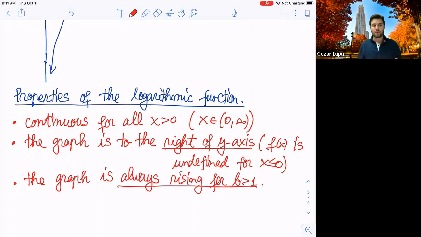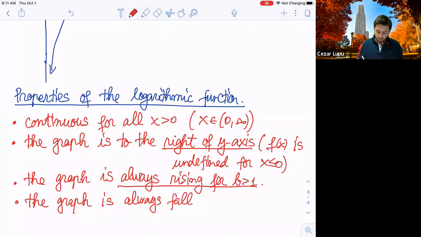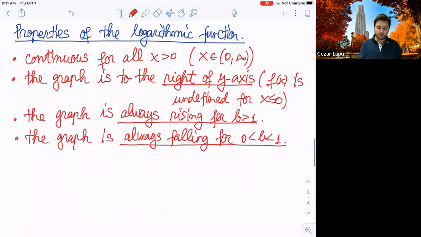In other words, the function will be increasing, and the graph is always falling for b between 0 and 1. So these are the basic properties of the logarithm function.